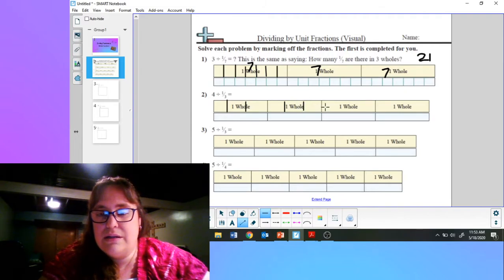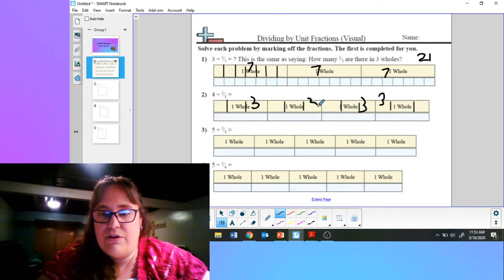I split this one into 3 pieces, into 3 pieces, and into 3 pieces. All right, now when I'm done, I'm going to have 3 pieces here, and 3 pieces here, and 3 pieces here, and 3 pieces here. So you're going to have 3, how many times? 4 times. So to solve that, you can do 3 times 4, which would be 12.